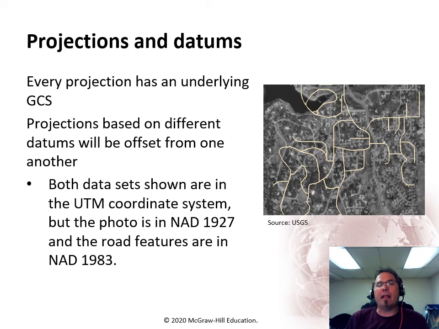So the photos are in NAD 27 and the vector roads are NAD 83. And you can see there can be a very big difference between the two. So sometimes it's definitely worth converting data from one to the other to ensure that there's a better fit. That obviously doesn't fit right.